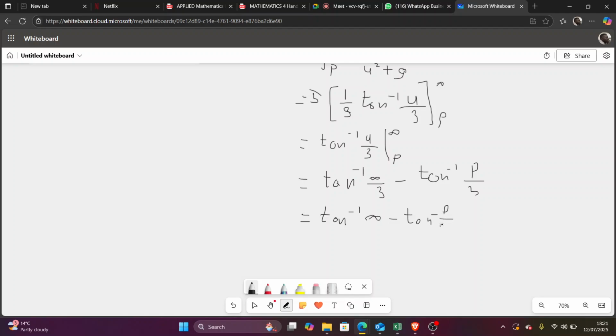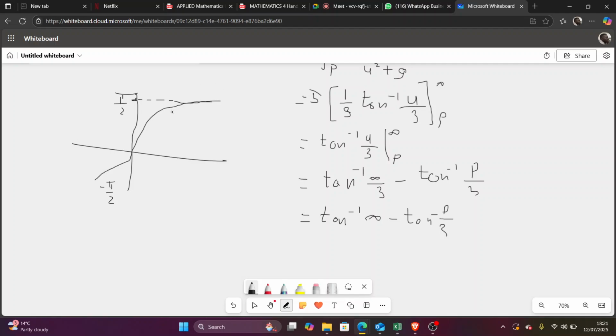So okay, it has been proven by mathematicians. Let me just draw something like this. If you have pi over 2, here is minus pi over 2. It has been proven that when you plot the curve of tan inverse, if this is pi over 2, it moves towards it. It moves closer to pi over 2.